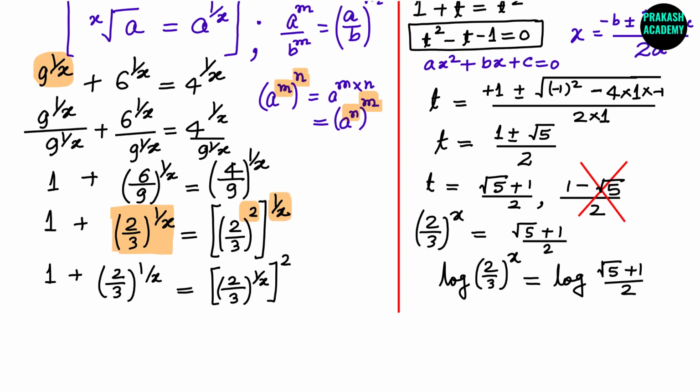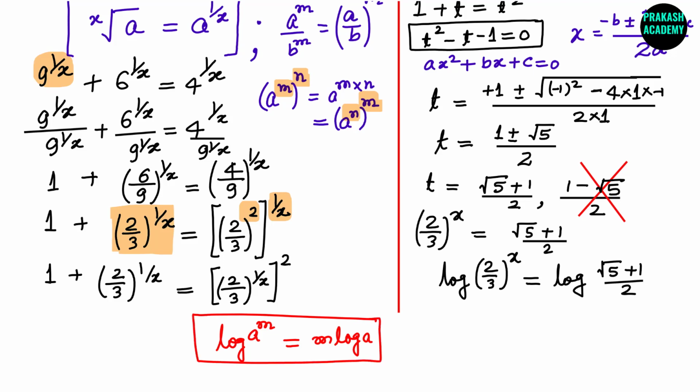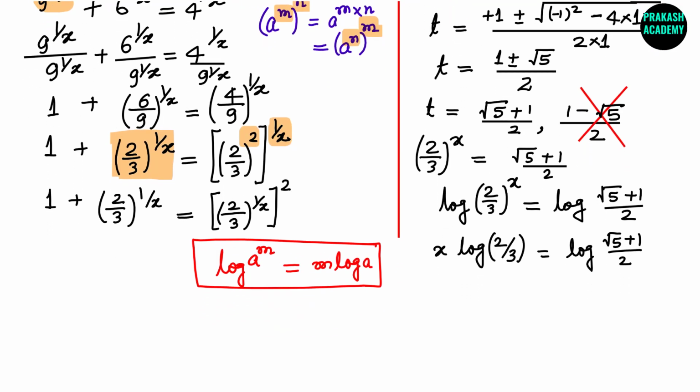If we have log of a raised to the power m, then this is written as m log a. Using the same rule, I can rewrite it as 1 by x times log 2 by 3 equals log of root 5 plus 1 by 2.